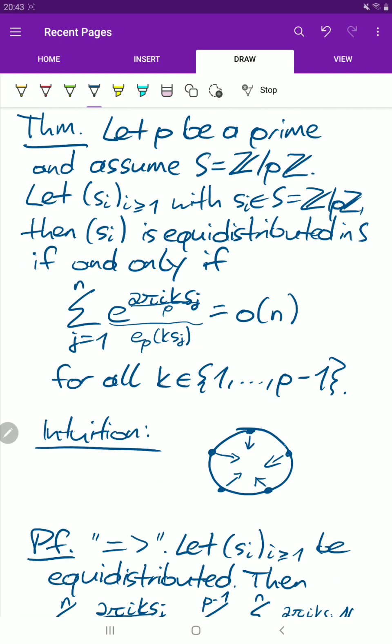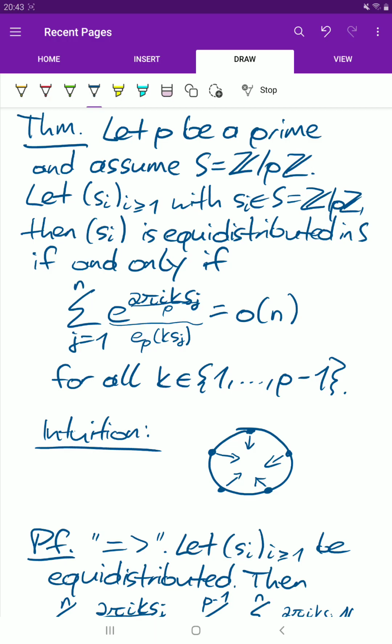Also, we had some intuition. If we sum up these roots of unity, then if everyone gets its proper share, they will gravitate towards the center, and then they will be in small o of n. And the converse is also true. So if this holds for all k in 1 up to p minus 1, it will be equidistributed.